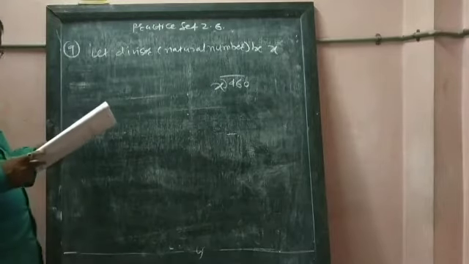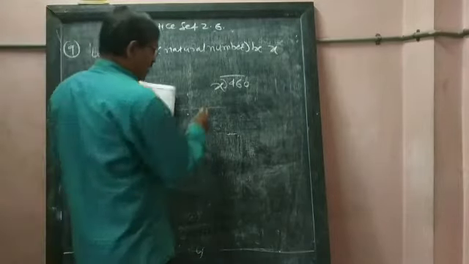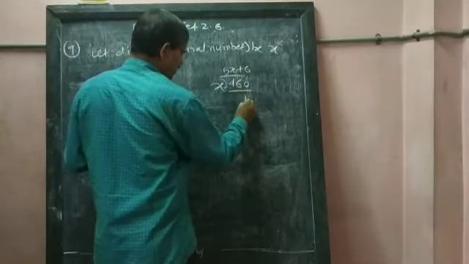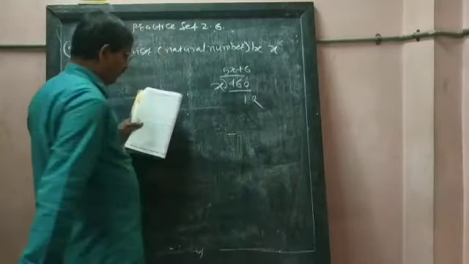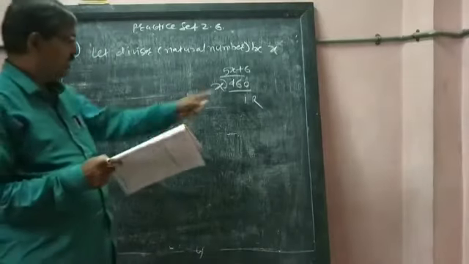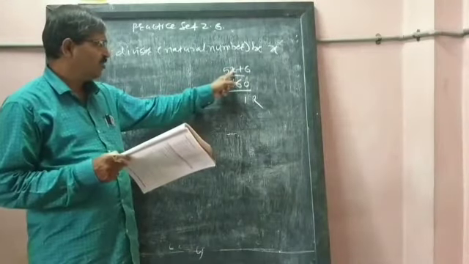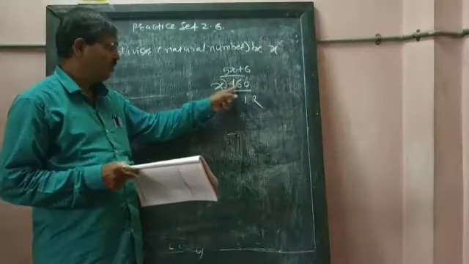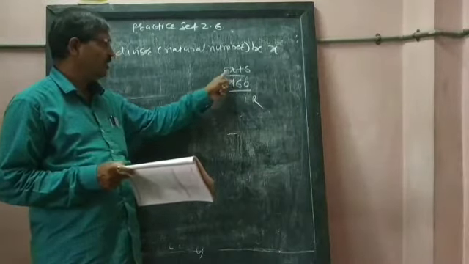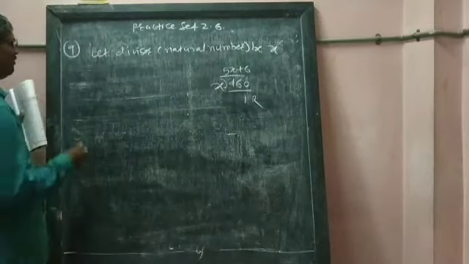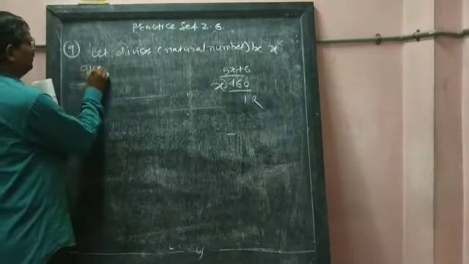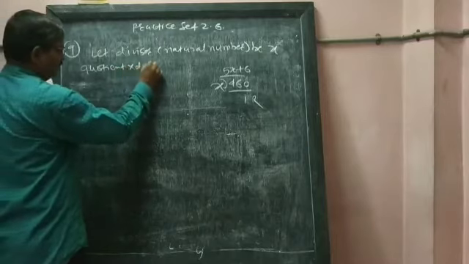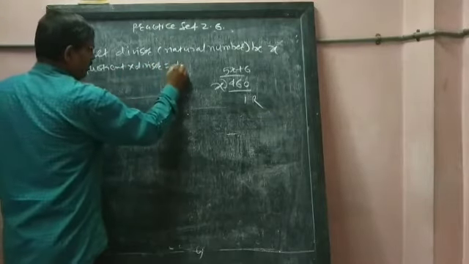The quotient is 6 more than 5 times the divisor. This is the divisor, it's 5 times and 6 more, and then the remainder is 1. The divisor is x, 460 is the dividend. So you know that quotient into divisor plus remainder is equal to dividend.